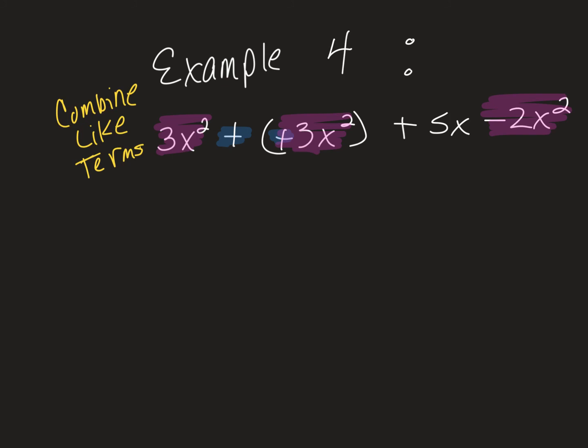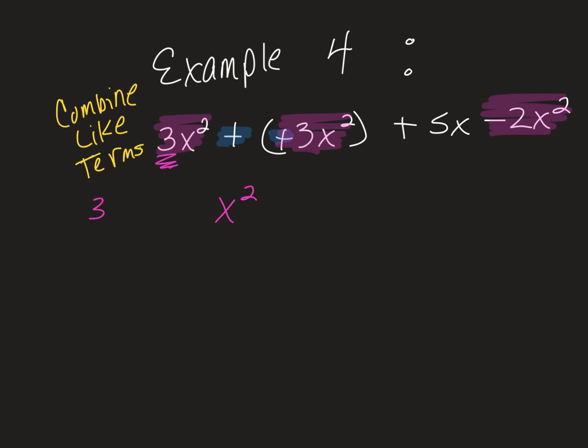So when we're combining like terms, remember the variable stays the same. So once we combine all three of those terms, it's still going to be an x to the second, and we just add those coefficients together.